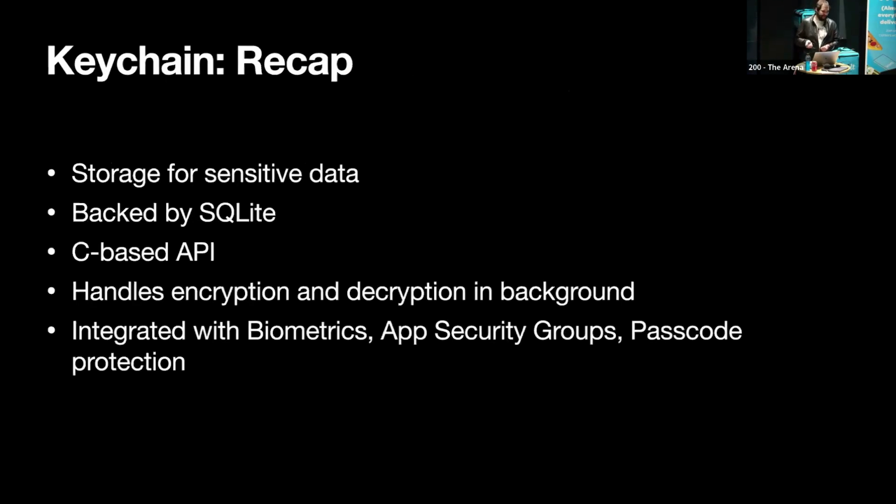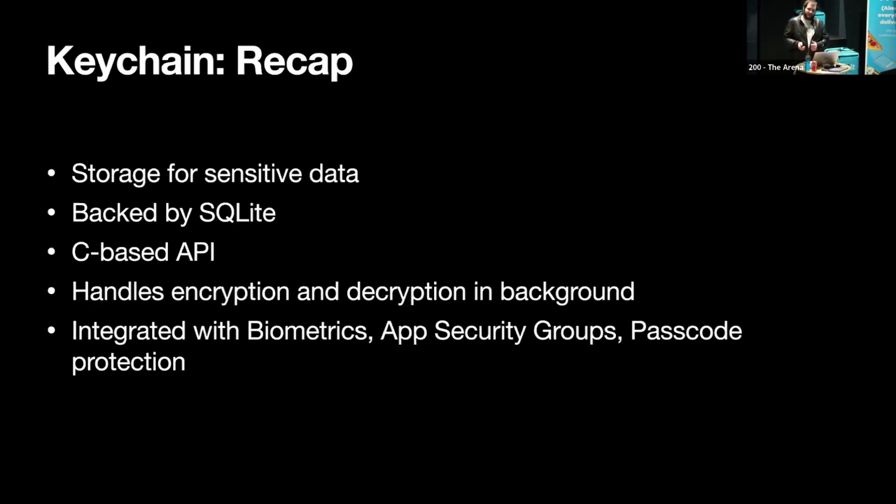So what is the keychain? It's a storage framework for sensitive data, passwords, certificates, different kinds of credentials. It's backed by SQLite, which is a very robust framework, and it's a C-based API. It handles encryption and decryption in the background.